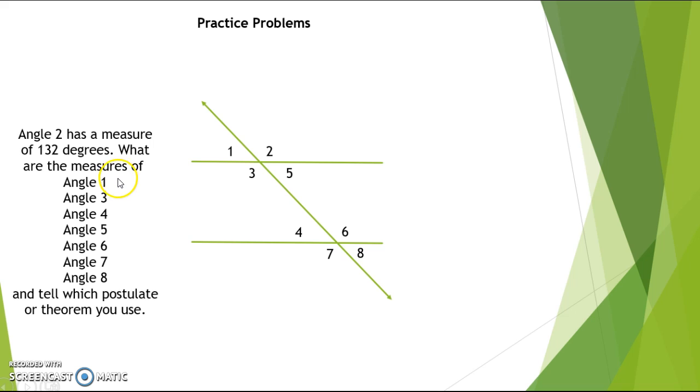Not only do I want you to put the measure of the angles down, but next to each one, I want you to state what the postulate or theorem is that you used. So first of all, if we used angle 2 with angle 1, we would use the supplementary. Okay, so have fun and work those out.